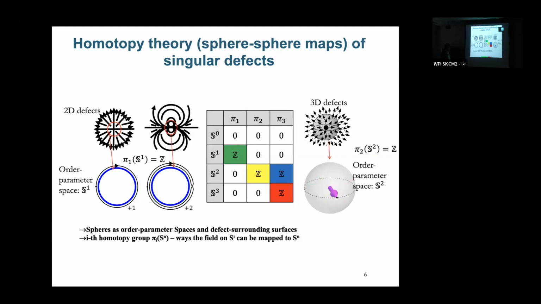But for example, for Hopfions, as we will see in a little bit, the configurational space will be the hypersphere S3, and the order parameter space would be S2.